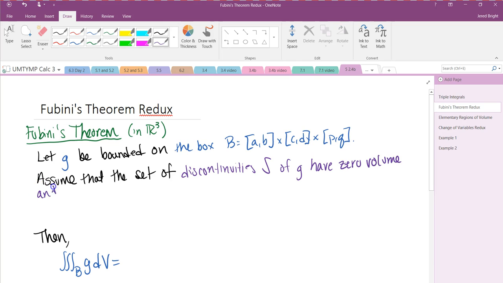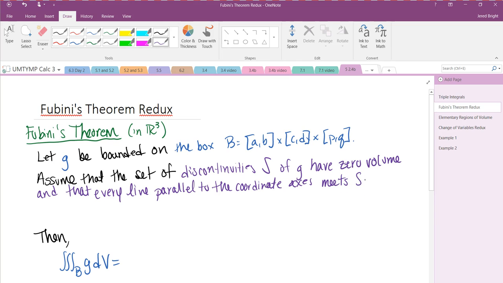And every line parallel to the coordinate axes meets S in at most finitely many points.